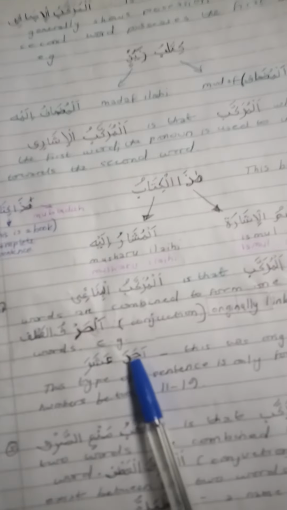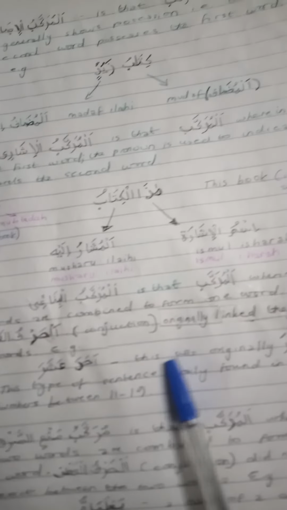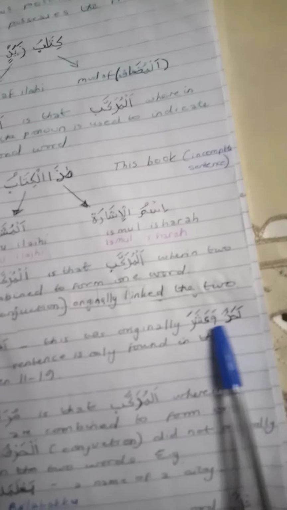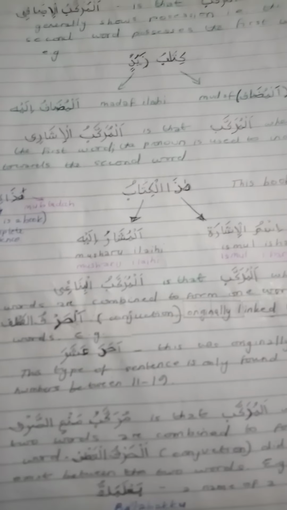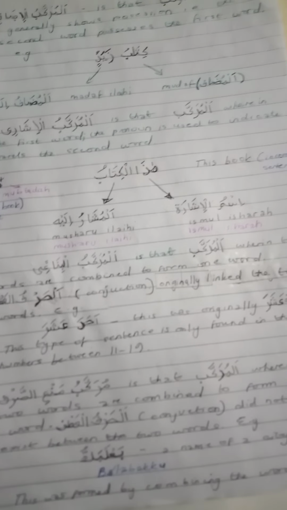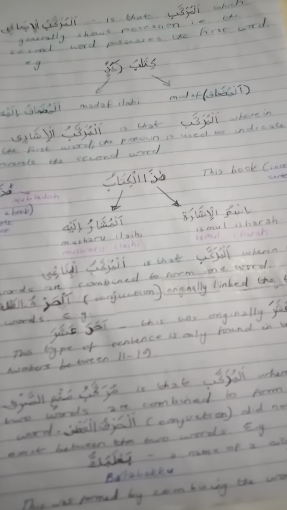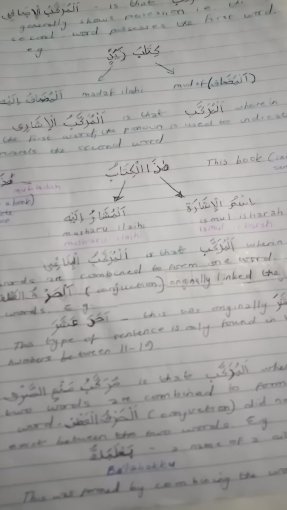So for example, ahada ashara, this was originally ahadun wa ashara. So ahadun wa ashara became ahada ashara, and now it's one word, but it's still classed as an incomplete sentence. It's not classed as one word, even though it becomes one word. Ahada ashara is still classed as an incomplete sentence.